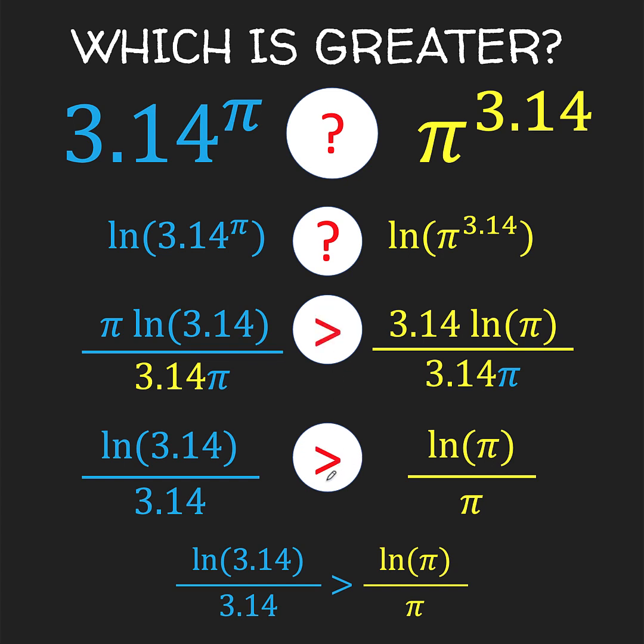That is the same direction as the previous one, the same here, that is greater than, and also the same with our original inequality. Notice that pi and 3.14 here are both positive. So we maintain the direction of the inequality, and so we now have the answer. 3.14 raised to pi is greater than pi raised to 3.14.